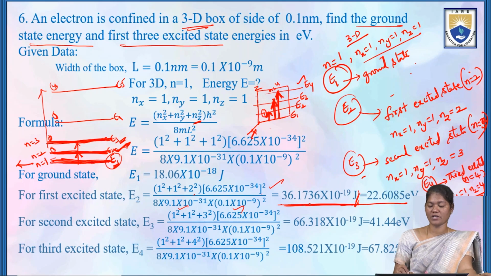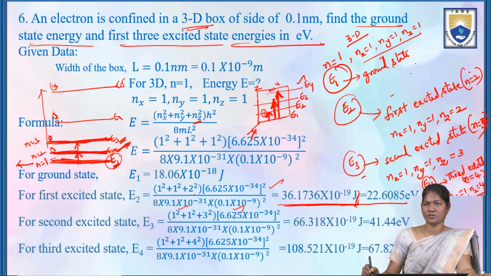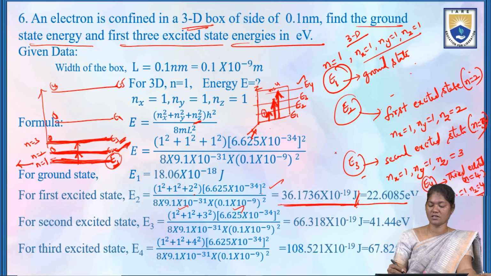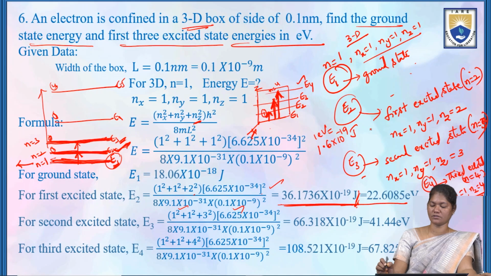So that is 6.1736 into 10 power minus 19 joules. But here they mentioned electron volts. So 1 electron volt is equal to 1.6 into 10 power minus 19 joules.